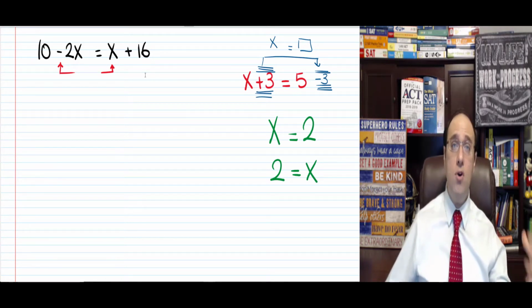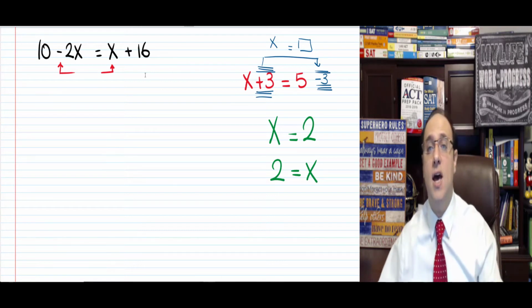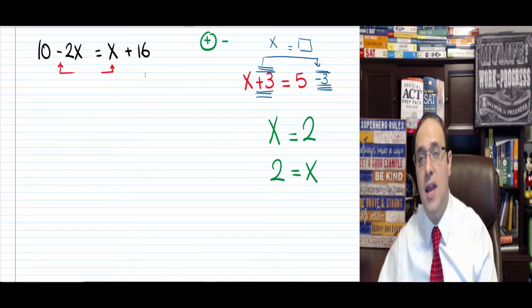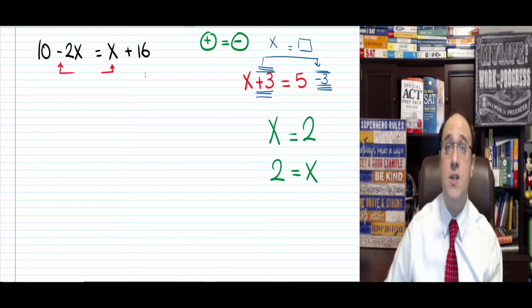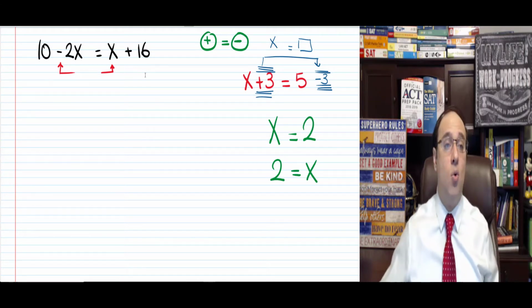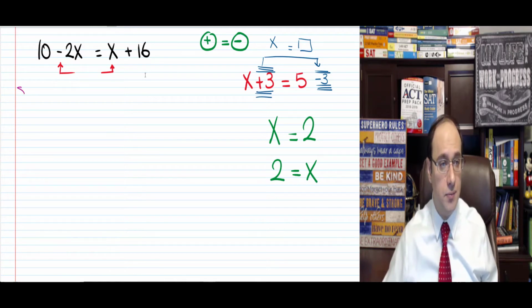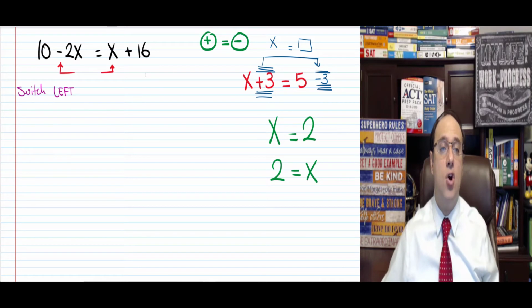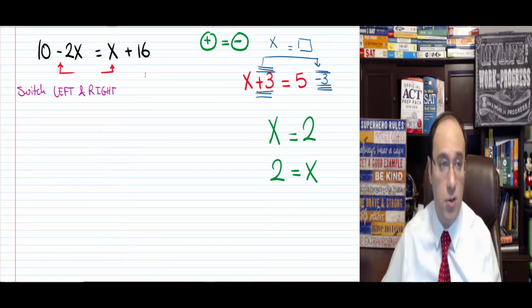Now, in order for it to look better, I want my positives to be on the left, and I want any negatives to be on the right. And when I say positives and negatives, I am talking about the variable, the x. So what I can do as a first step is I can just switch the left and right. Remember, this only works if you switch everything on the left and everything on the right.